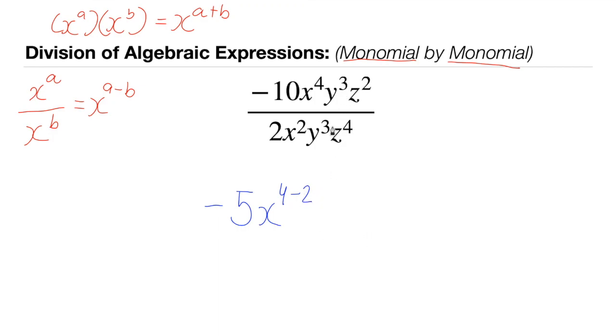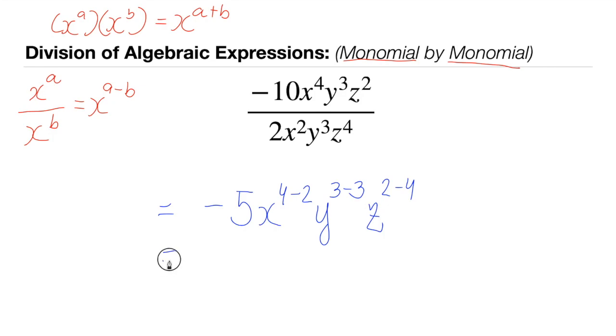Then how about the y? Copy the y, we have 3 and 3, it's going to become 3 minus 3. And the z is going to become 2 minus 4. We're also going to need some review of the laws of exponents, so bear with me. So this is our answer.